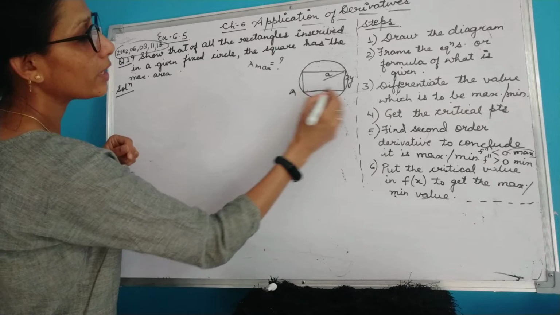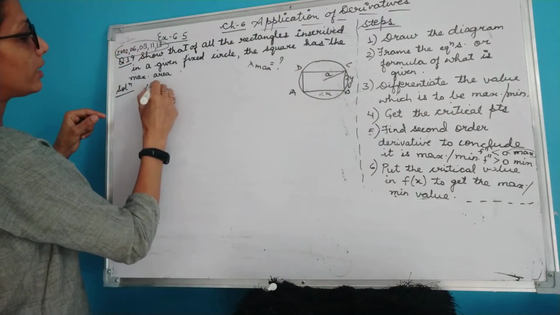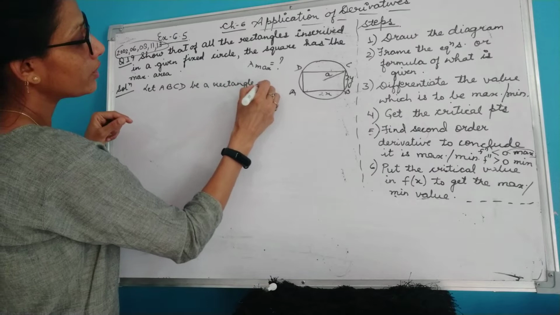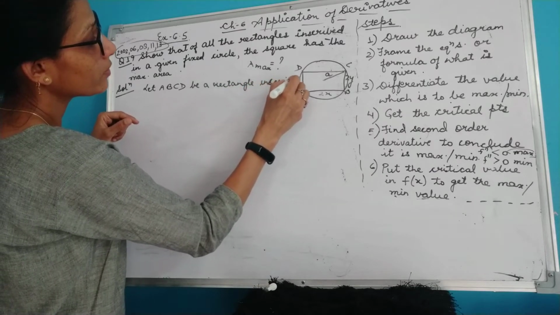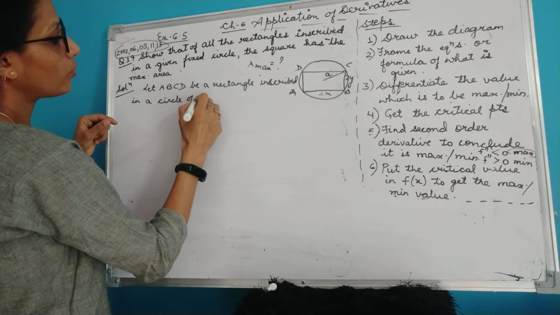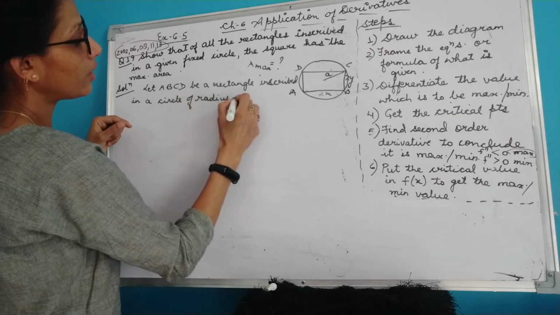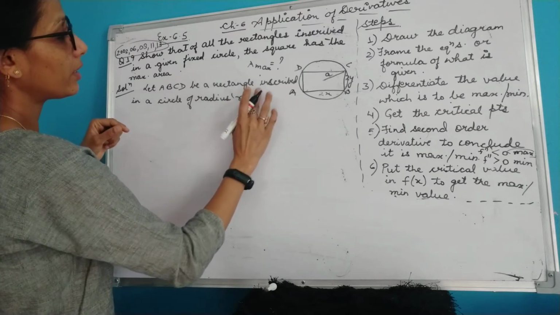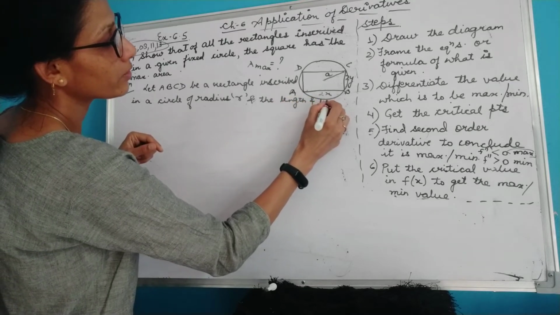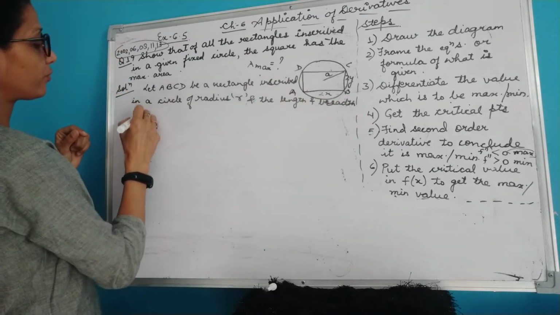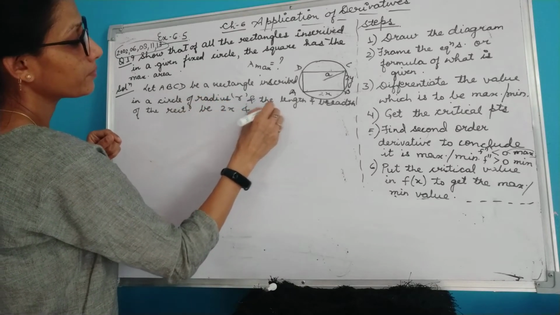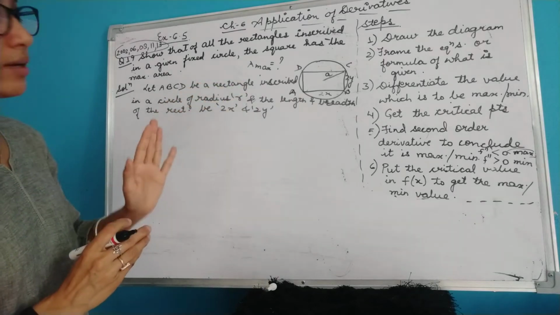So let ABCD be a rectangle inscribed in a circle of radius R, and the length and breadth of the rectangle be 2x and 2y. Okay children, so these are the things we have supposed.